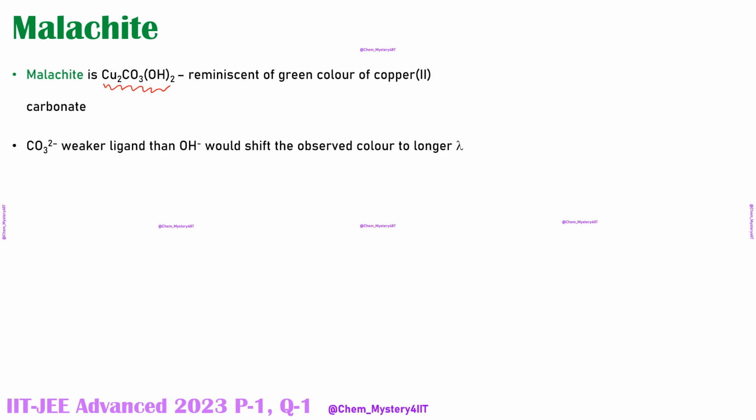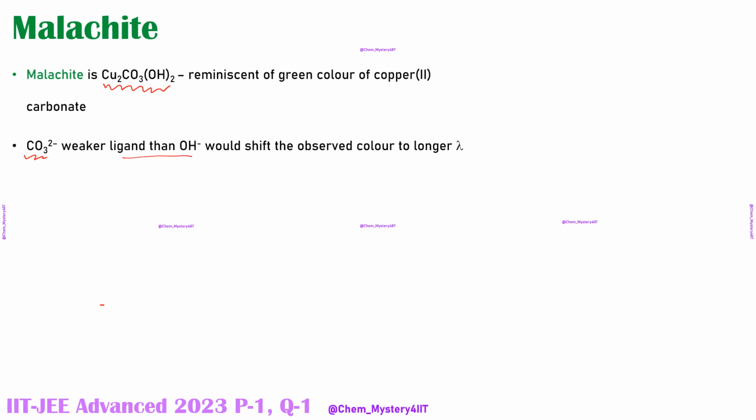And when we try to look deeper at why malachite is green, while a number of different compounds of copper, like copper hydroxide, are found to be blue in color, we have a reasoning that carbonate is a relatively weaker ligand in comparison to hydroxide.